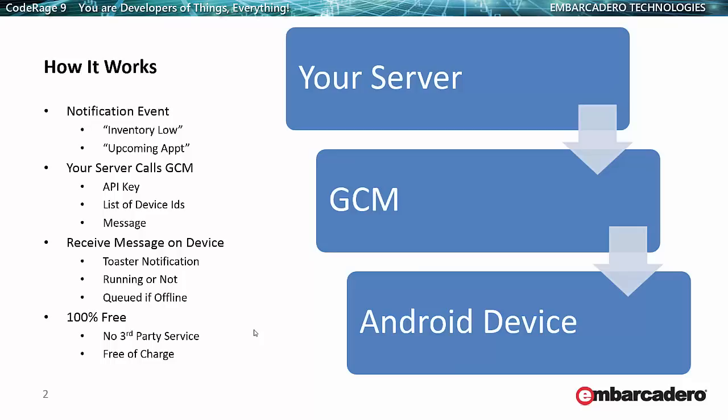Your server receives an event from your application saying the inventory is low in the warehouse, this person made an order, or there is an upcoming appointment. Then your server will call GCM, Google Cloud Messaging, with your API key and the list of device IDs that have been registered. I'll get into that later, as well as the message that you wish to send.